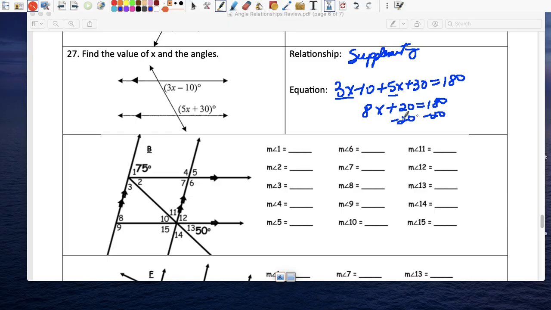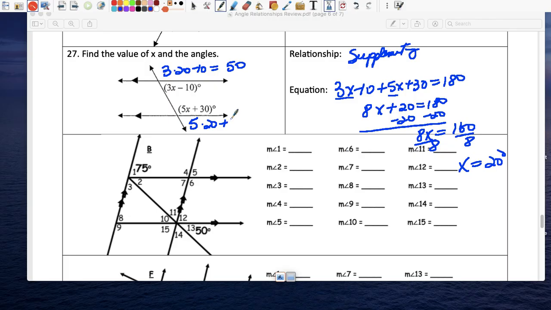Minus 20, 8x equals 160, divided by 8, and x equals 20 degrees. 3 times 20 minus 10 gives you 50. 5 times 20 plus 30, 5 times 20 is 100, plus 30 equals 130. Well, are they supplementary? If I add 50 and 130, do I get 180? Yes, I do. And I should. So therefore, we are good as well.